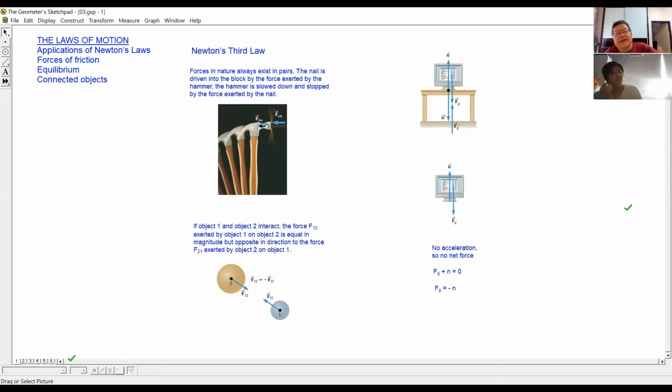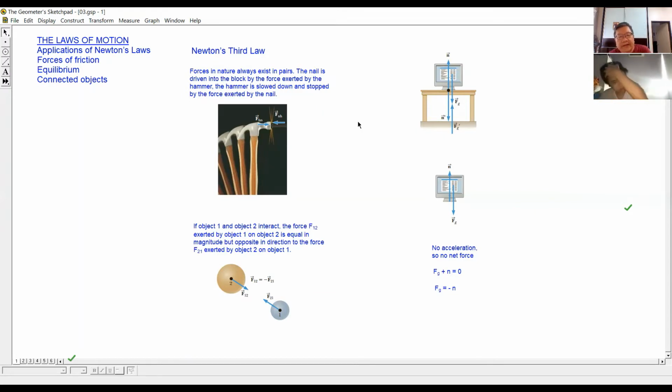So the force exerted by the hammer on the nail is FHN, because when I swing the hammer and hit against the nail, the hammer is exerting a force FHN on the nail, right? Now, of course, the nail will move inside, but actually the nail also offers a resistance of the same magnitude back on the hammer. That's why the hammer stopped.